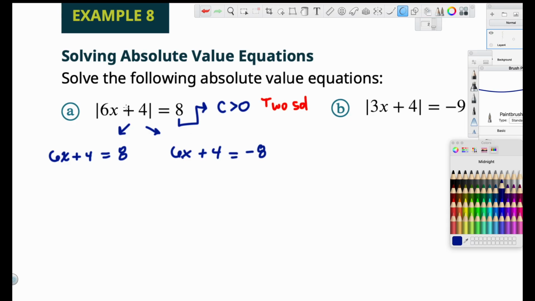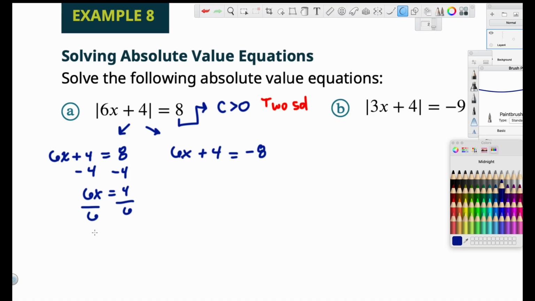Let's just think about this. This value inside here could be positive 8, because the absolute value of 8 is 8, or everything inside the absolute value could be a negative 8, because when we take the absolute value of a negative number, that would be a positive, so it would be a positive 8. So let's go ahead and solve for x here. Let's subtract 4. This is just a linear equation, so we're just isolating x.